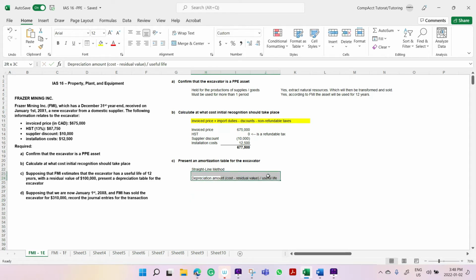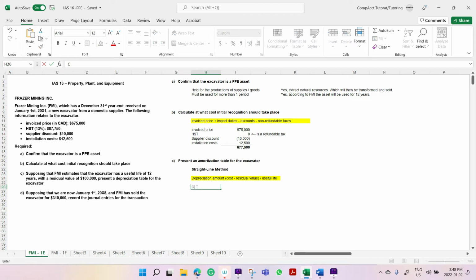Like I said, you must know how to use the straight line method. That's pretty important. So let's break down those components quickly: the cost, the residual value, and the useful life for our excavator.